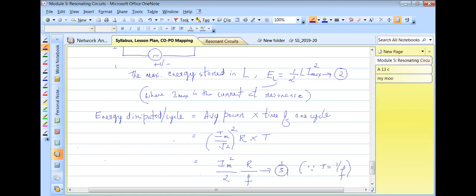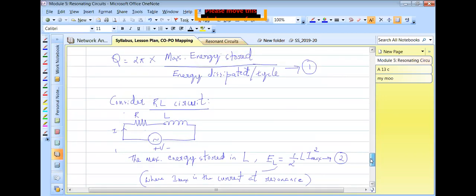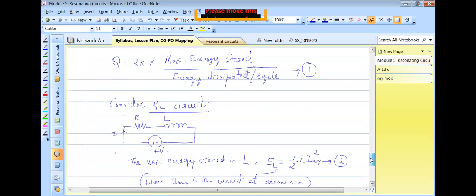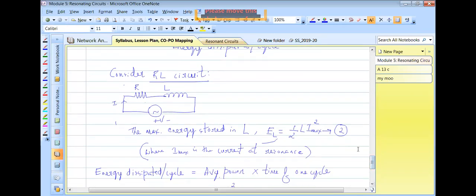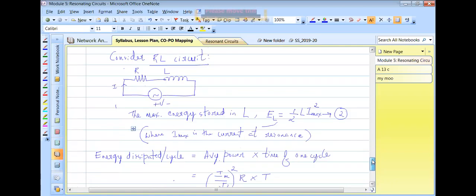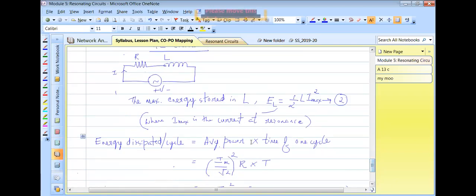Now let's substitute 3 and 2 in 1. What is 1? It is the equation for the quality factor: 2 pi into maximum energy stored, which is here, divided by energy dissipated per cycle, which is calculated like this.